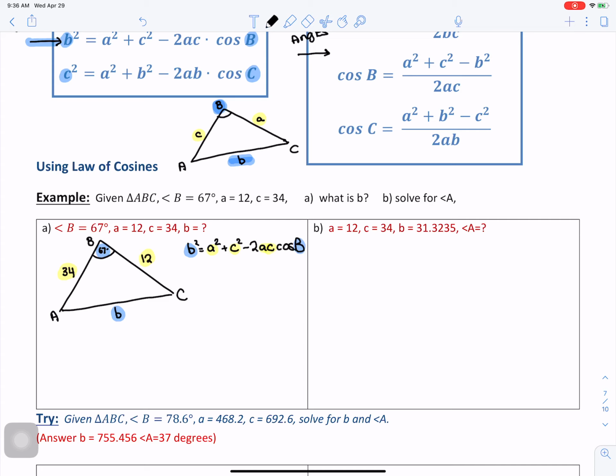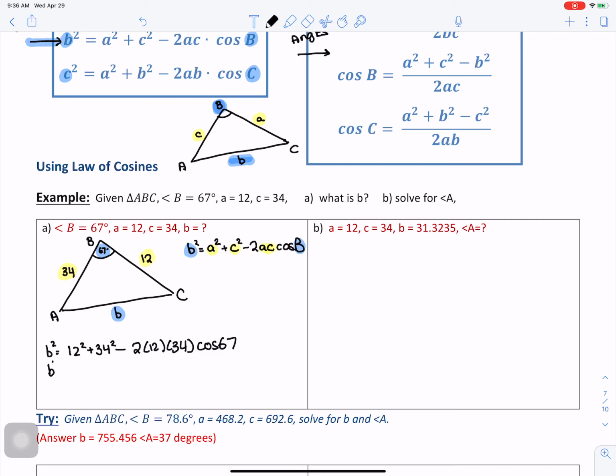So we just go ahead and sub all our values in now. B squared is equal to, in any order you want for the other two numbers, 12 squared plus 34 squared minus 2 times 12 times 34 cosine of 67.